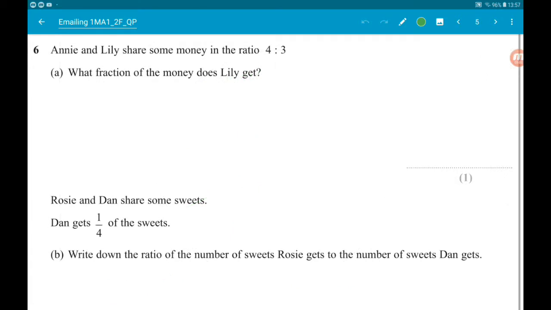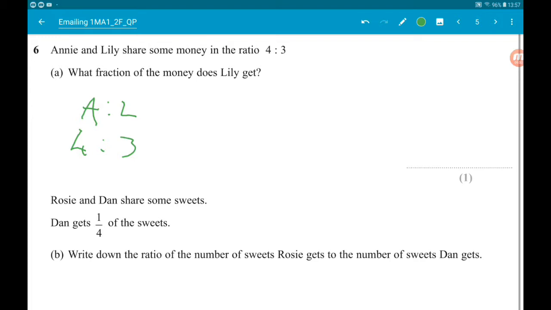Okay, number 6. Annie and Lily share some money in the ratio 4:3. What fraction of the money does Lily get? Okay, so let's write the ratio out. A to L is 4:3. So that's saying every time Annie gets £4, Lily gets £3.